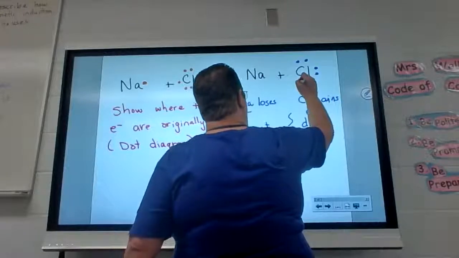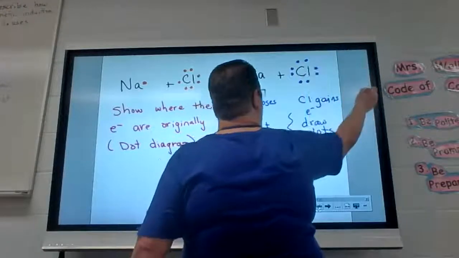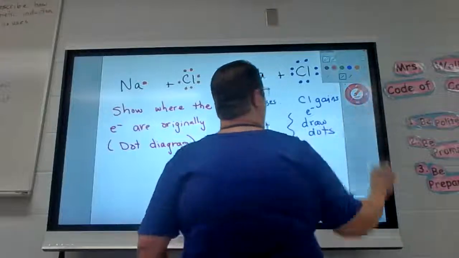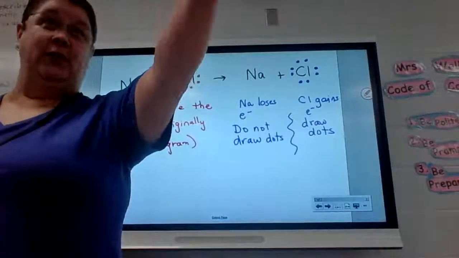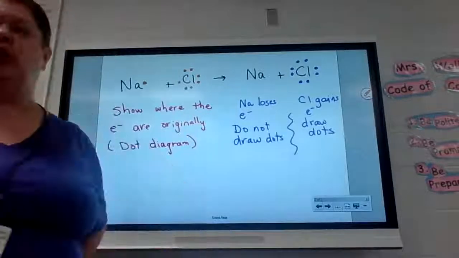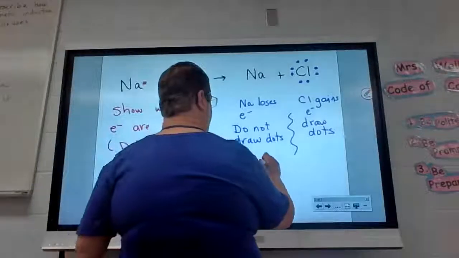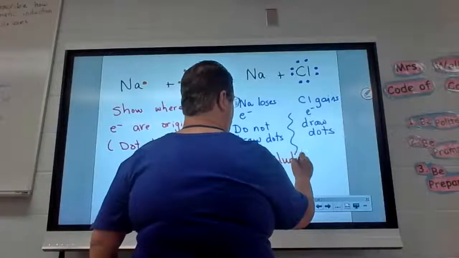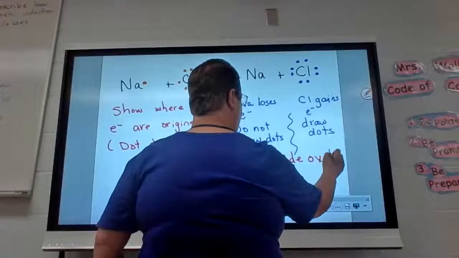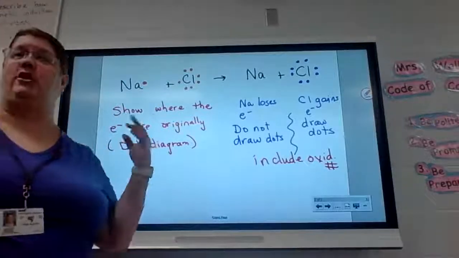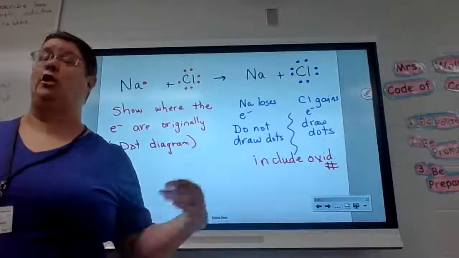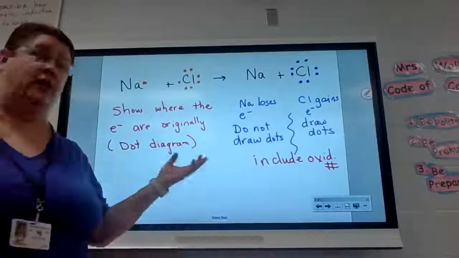Now, what's the other thing we've learned to do this semester to illustrate that you lost or gained some electrons? Include oxidation numbers. So what oxidation number will Na have if it lost one electron? +1.